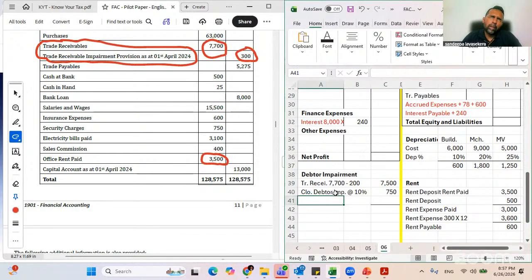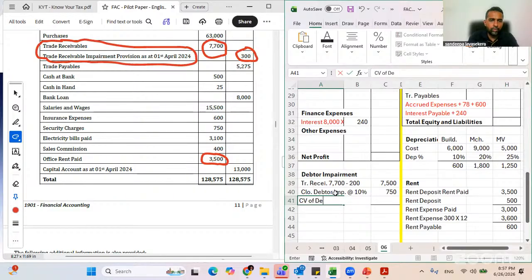So that means you had debtors of 7,700. 200 was written off as irrecoverable. You cannot recover. The debtor has gone bankrupt, so you can't recover. And from the remaining debtors, 10% you have a doubt that you cannot recover. So you need to recognize a provision. Be prudent, you have to recognize a provision. Let's look at the carrying value of the existing provision.